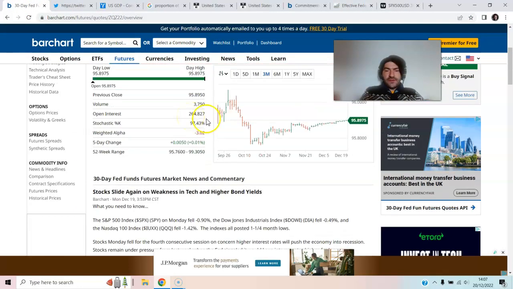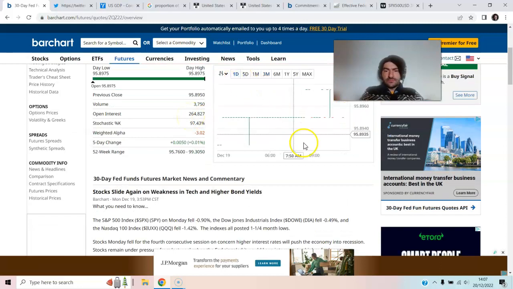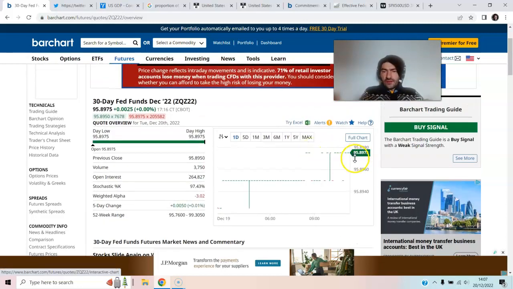This is the Fed funds rate. If I put it to a day, we are at 95.89. This is the December contracts, which means that we subtract from 100, and it's nearly 96, so it's 4.11. That's where the Fed funds rate contracts are projecting things.